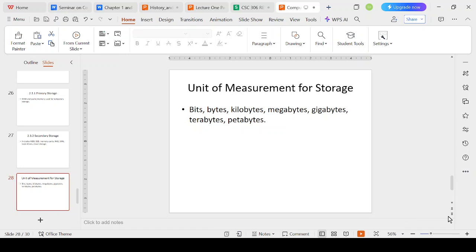We have higher storage like kilobytes, megabytes, gigabytes, terabytes, petabytes. The capacity of the hardware in our computer systems is in gigabytes and terabytes. So many large systems and servers have their units in petabytes, exabytes, zettabytes, yottabytes.